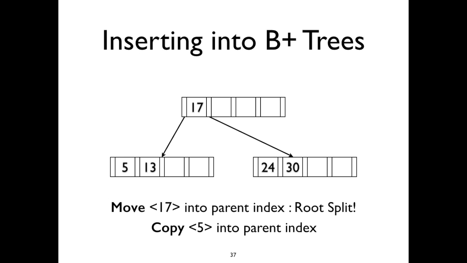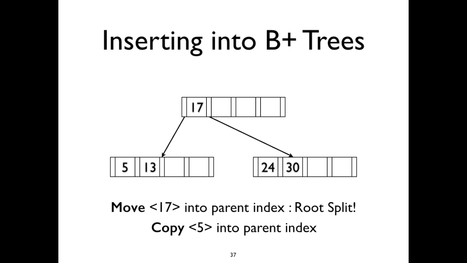Exactly. So in the previous case, I actually had to keep the 5 in my leaf nodes. Here, I was able to move the 17. Any idea why I'm allowed to do that? Magic? Yeah, the magic of animations.